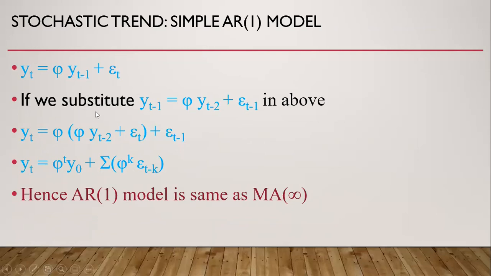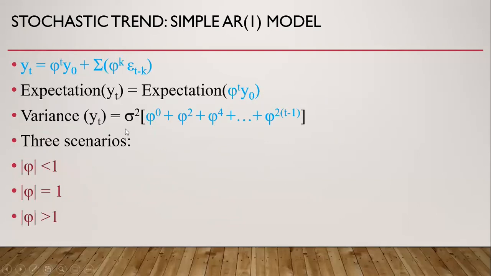If we substitute the previous value in terms of more previous values and we keep on doing it, then our series becomes a series of error terms. Hence, the AR1 model is the same as the MA infinity model. This is very important, that the AR1 model is the same as the MA infinity model.